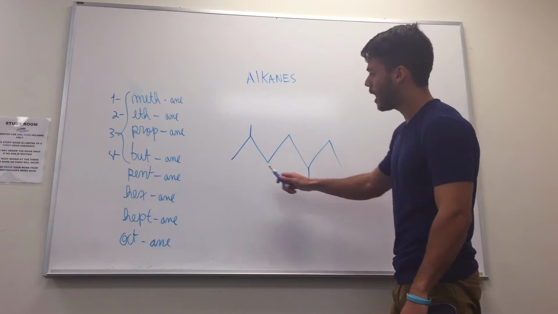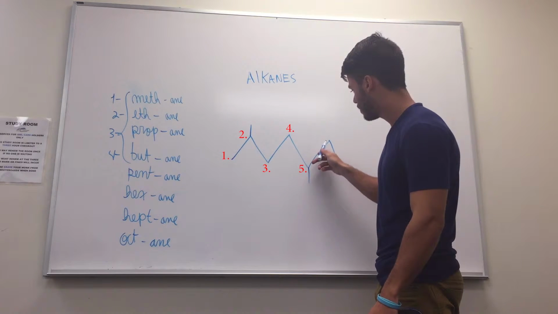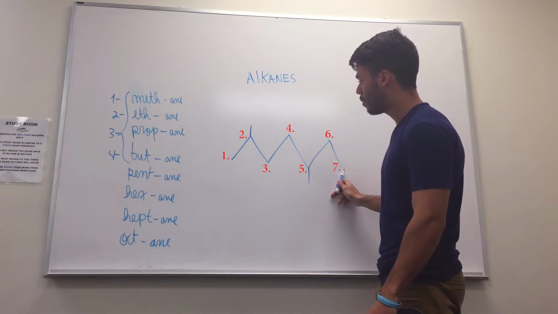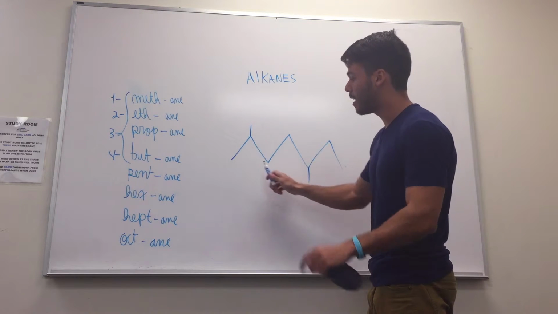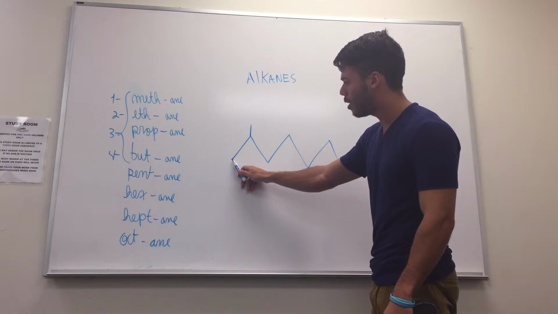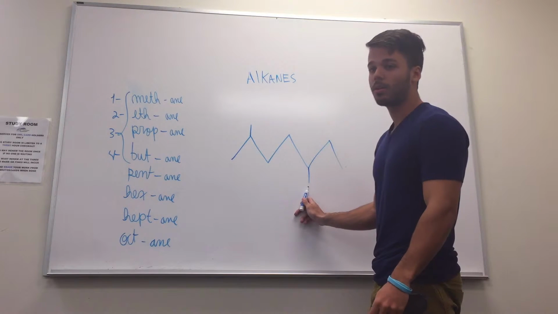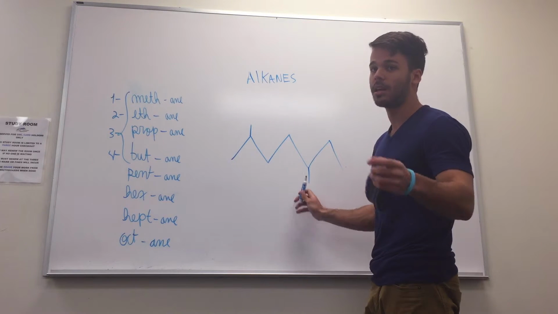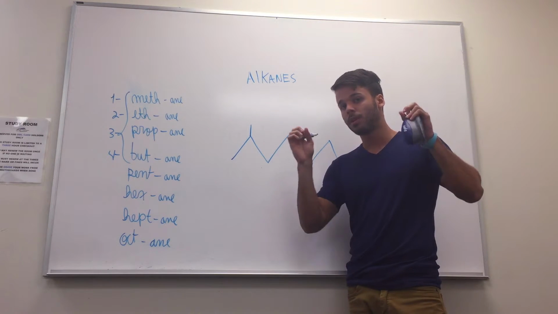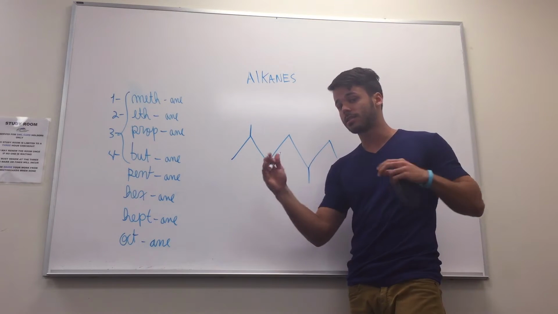If we start from the left, you can have 1, 2, 3, 4, 5, 6, 7. So 7 here is actually your longest chain. Why is that? Because if you were to start counting here, 1, 2, 3, 4, 5, 6, well, that doesn't help us, right? Because 7 is bigger than 6. And when it comes to a parental chain, you always want to find the one that's the longest, okay?